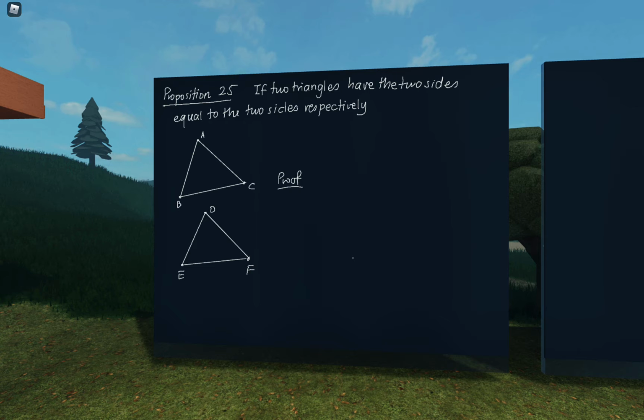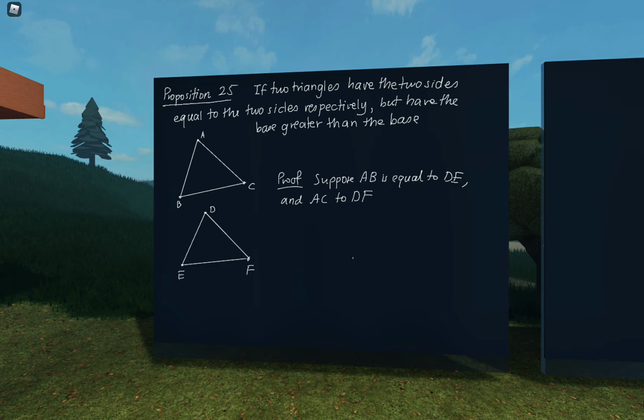So suppose AB is equal to DE and AC to DF. So that's what I said so far. But have the base greater than the base. So that is the base of one triangle greater than the base of the other.